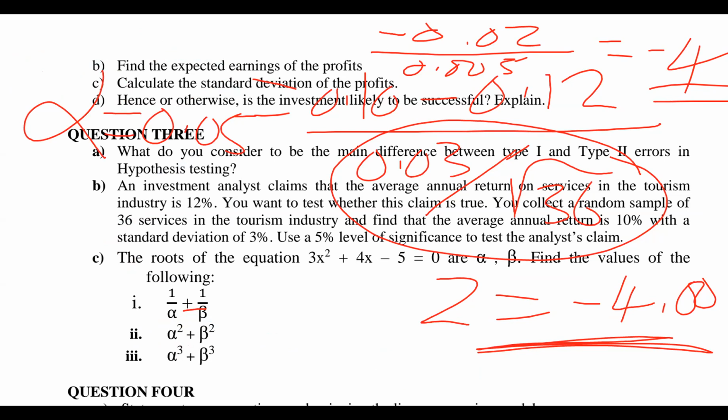Just make sure that your calculator is normal, not in standard, it doesn't give you scientific notations, and it is in degrees. Just make sure that you know those settings on the calculator. Every calculator, just do some simple settings, degrees, because otherwise it will give you things you don't understand.